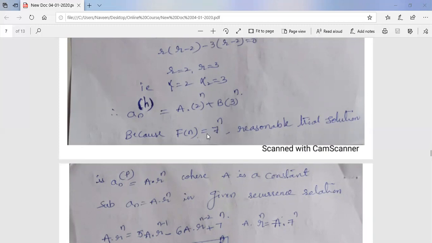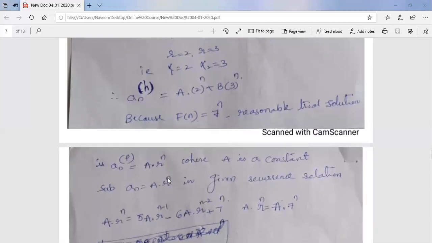It is in the form of r power n. When the function f of n is r power n, the a_n value will be equal to a times r power n. Now substitute a_n is equal to a times r power n, where r is equal to 7.